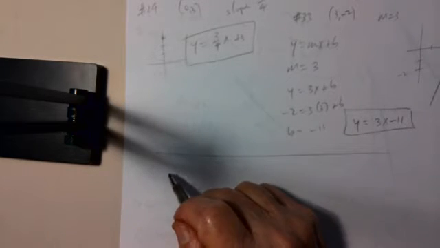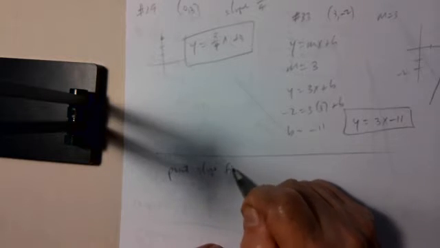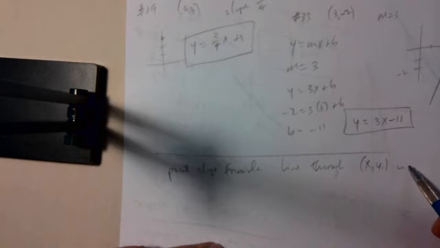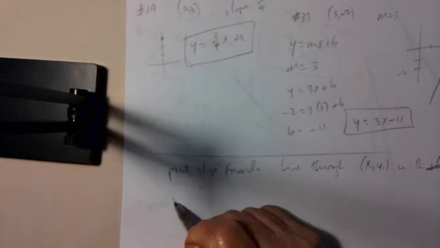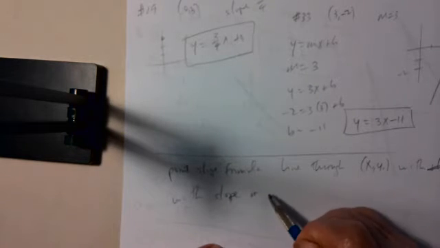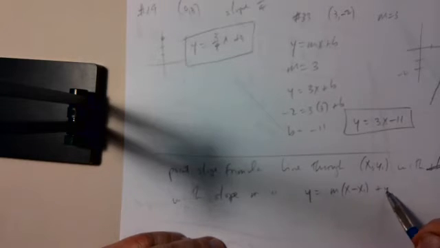A second way to solve the problem is to use the point-slope formula. So the line through the point x1, y1 with slope m is y equals m times (x minus x1) plus y1.